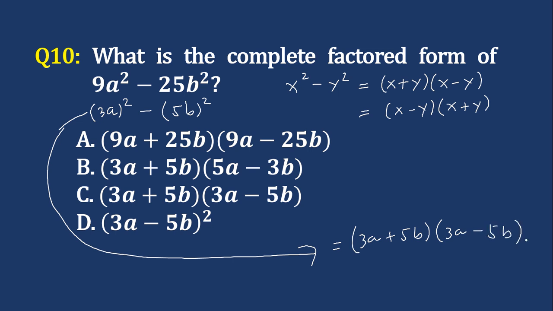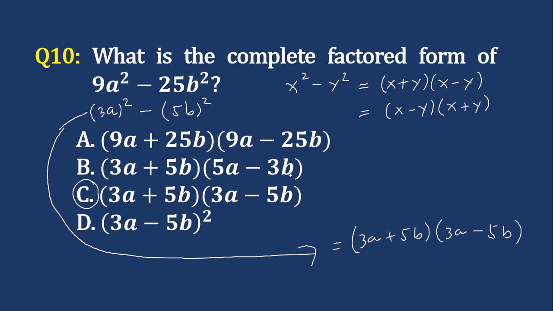And that is exactly letter C. So the answer is letter C. Be careful with the switching of the constant. You might write letter B if you are not careful, because the writer of this question swapped the positions of 5 and 3. It must be 3a minus 5b.